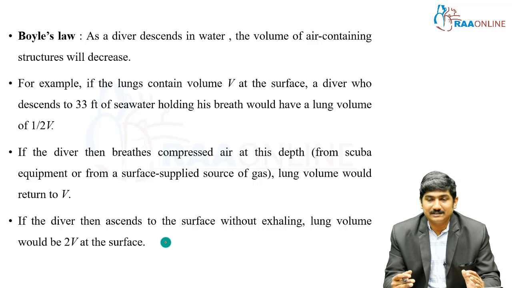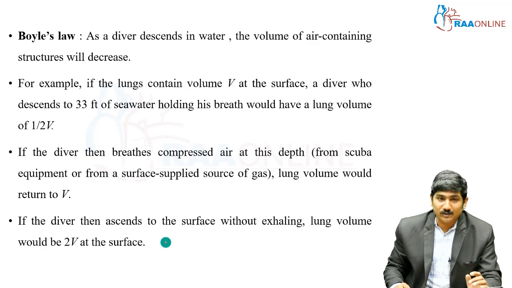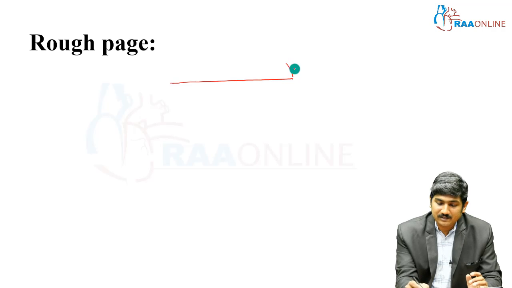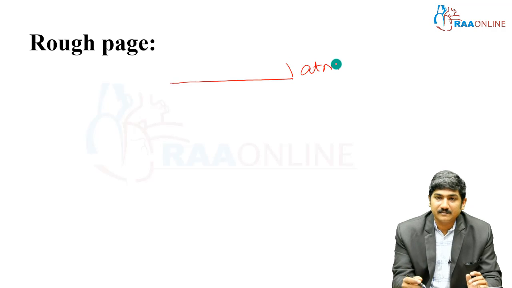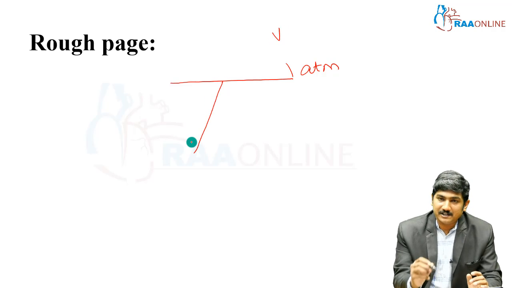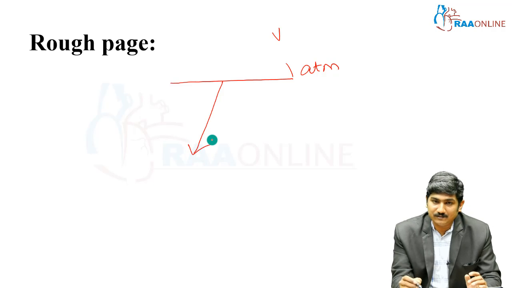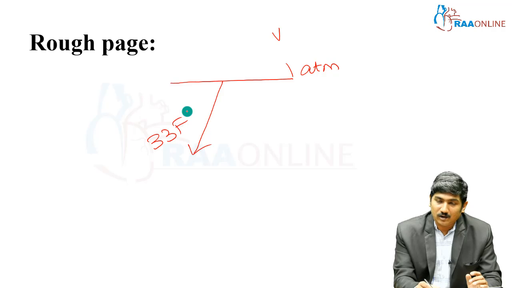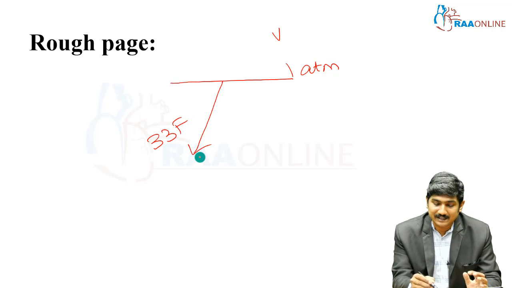Okay. So are the points clear? I'll explain again. So here is ground level. Here is 1 atmosphere. So here the volume of the lungs is V. Now the particular candidate jumps inside the seawater. This is 33 feet. So now how much is the atmospheric pressure which is acting at this level?